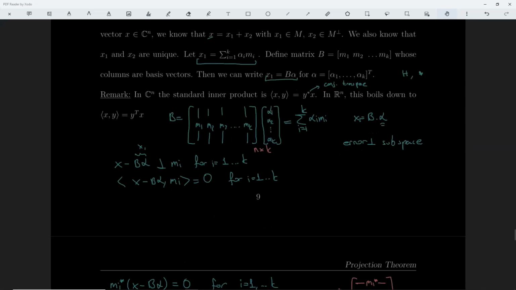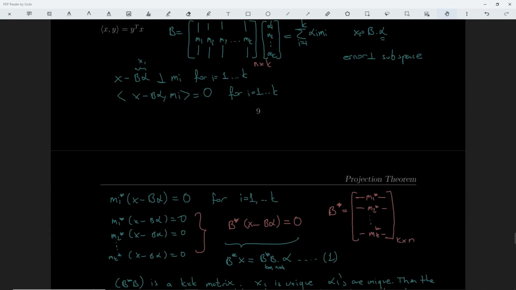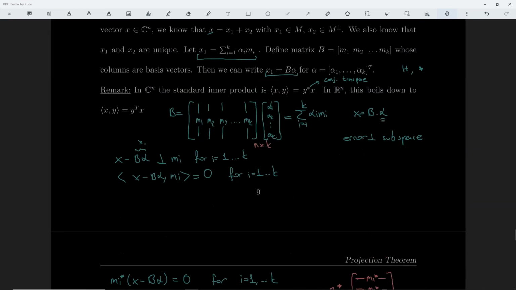And then we can express the linear combination of these basis vectors as B times alpha, like that, okay? And then we try to find the optimal alpha, which gives the projection of the given point onto our subspace M. And we write down the equations for the error being perpendicular to the subspace itself.